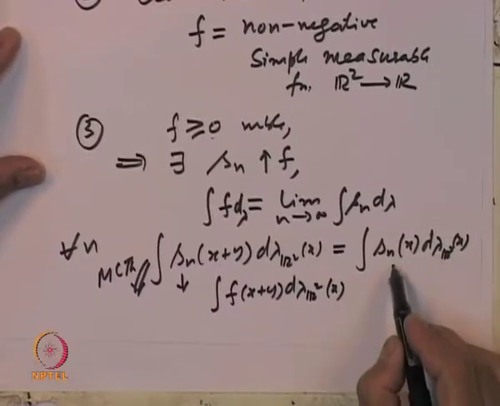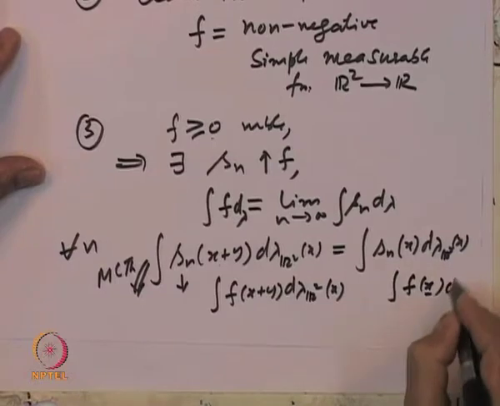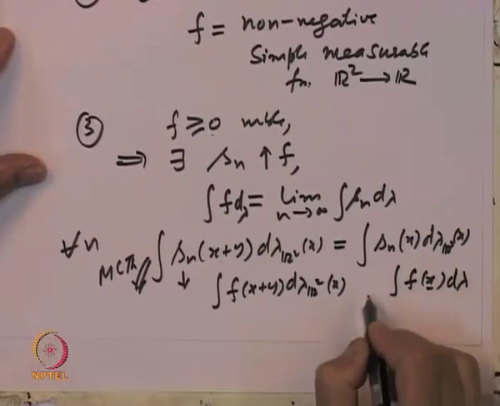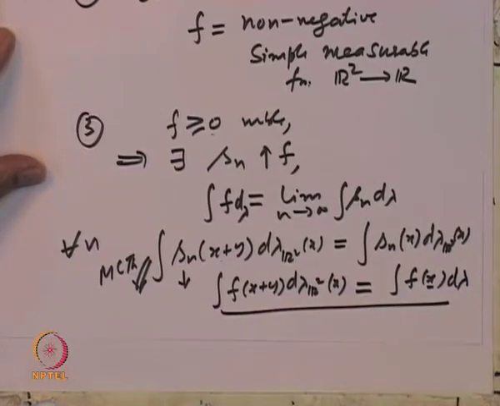And on the other hand, we know this converges to the integral of f of x d lambda R 2. So, these must be equal. That means, for a non-negative measurable function, this required conclusion holds.